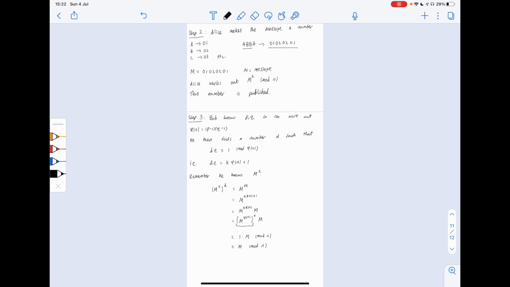And throughout all of this, the two things that allowed this to work were that Bob knows P and Q and no one else does. And leading on from that, it is not easy to factorize the number N. If you know N, you cannot work out P and Q. This seems like quite a basic fact, but if this wasn't true, the world would collapse, because no one would be able to send secure messages anymore.